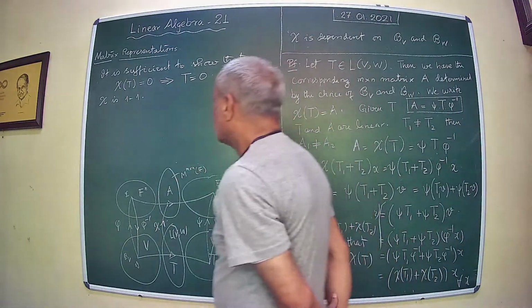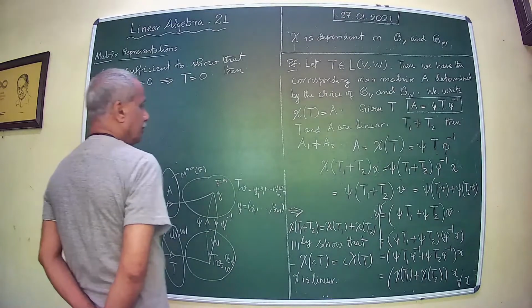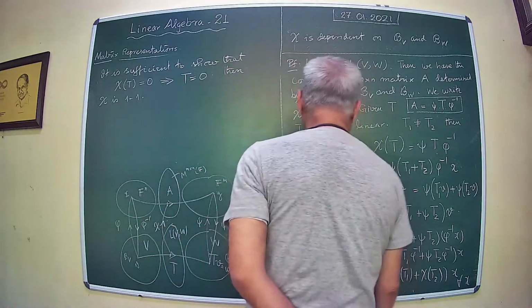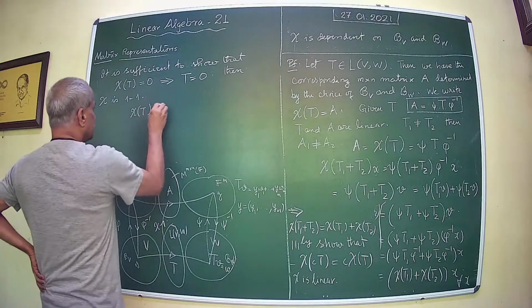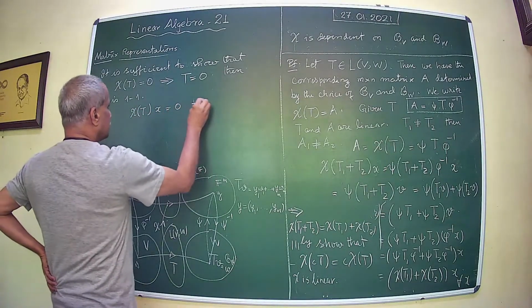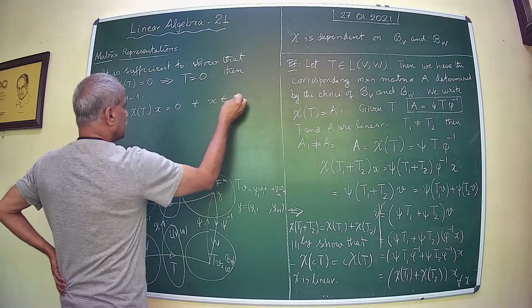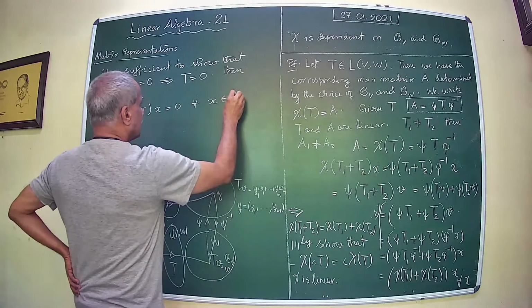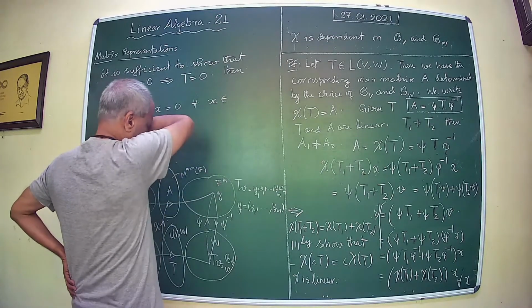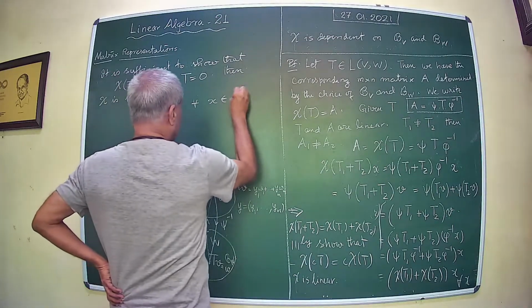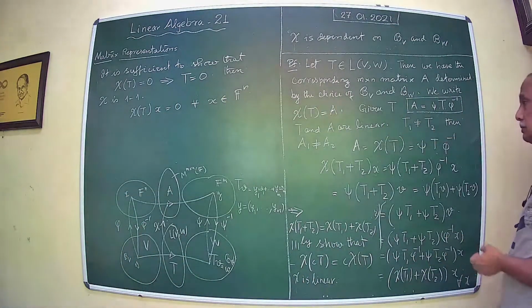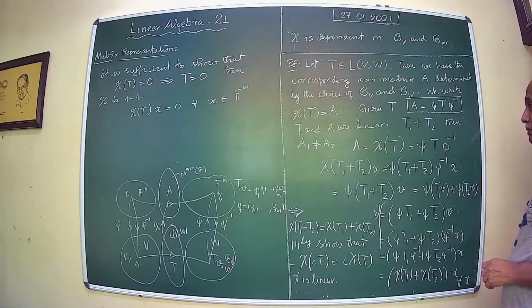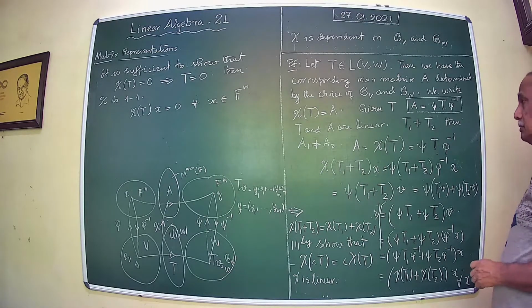Okay. So how to show this? So we start with chi T of x, x belonging to the basis. What does this mean?